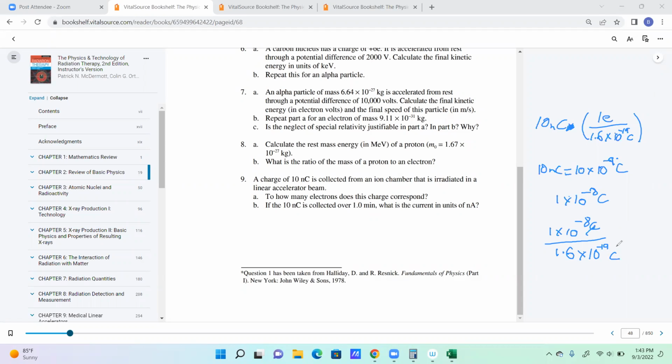The coulombs here are going to cancel, and I should be left with the number of electrons that I have. So let me go over to Excel.